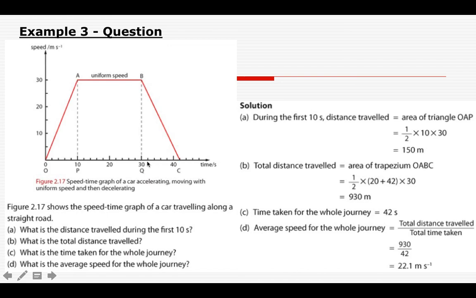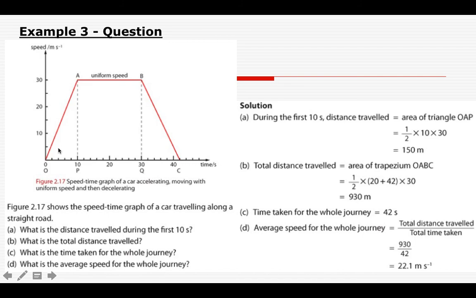You calculate the area of all three figures and add them to get the total distance traveled. Some of you might consider this as a trapezium and calculate the area of a trapezium. Either way is perfectly fine.